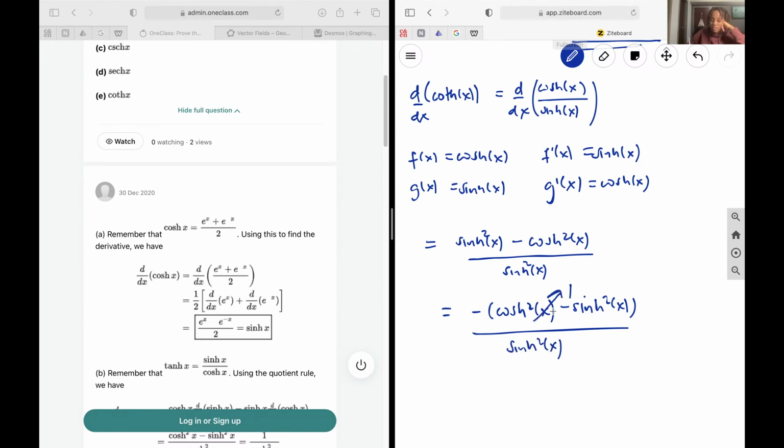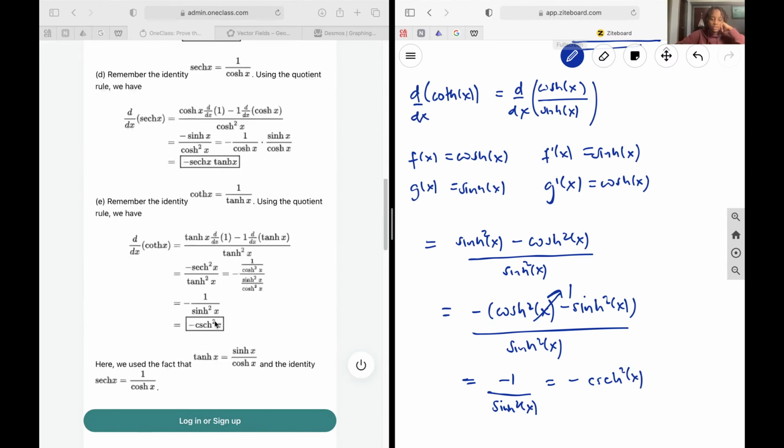And so this is going to give us 1 according to this identity. So this is negative 1 over hyperbolic sine squared. And this is negative hyperbolic cosecant squared. And that's going to be it for this question.